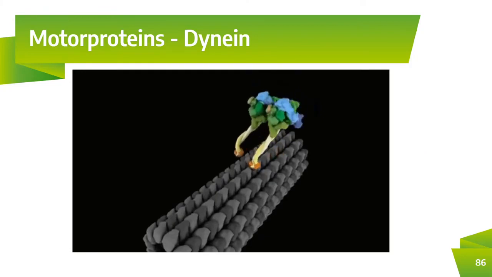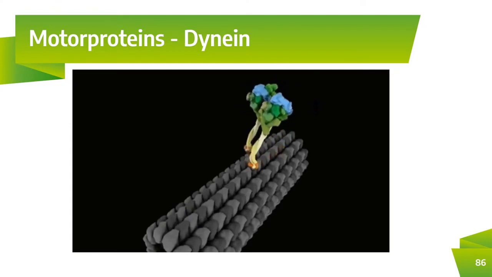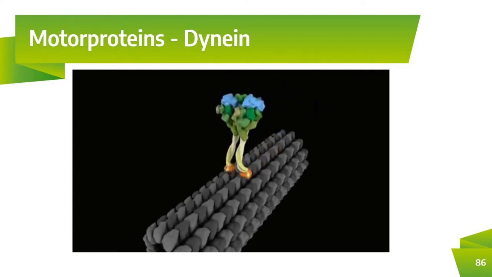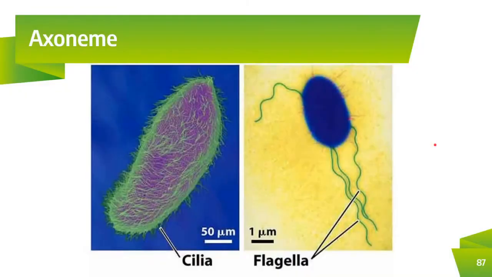So this protein is not only essential for the transport of vesicles and organelles in the cell, but you can actually also find it in what I talked about, in the cilia, in the flagella. Right.